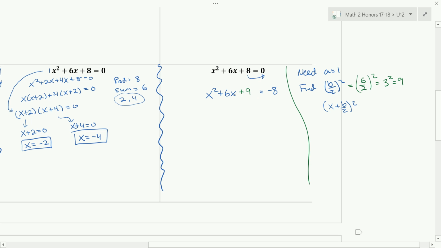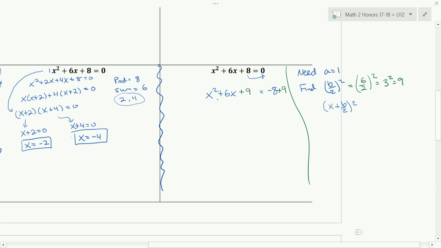I could add 9 and subtract 9 on the same side of the equation, or I can add 9 on one side and add 9 on the right side. Both keep it balanced. Because I don't need it over here, I'm just going to add 9 over here as well. So this is a little different than what we're doing, but it's the same thing. Normally we'd keep the 9 minus 9 on one side.